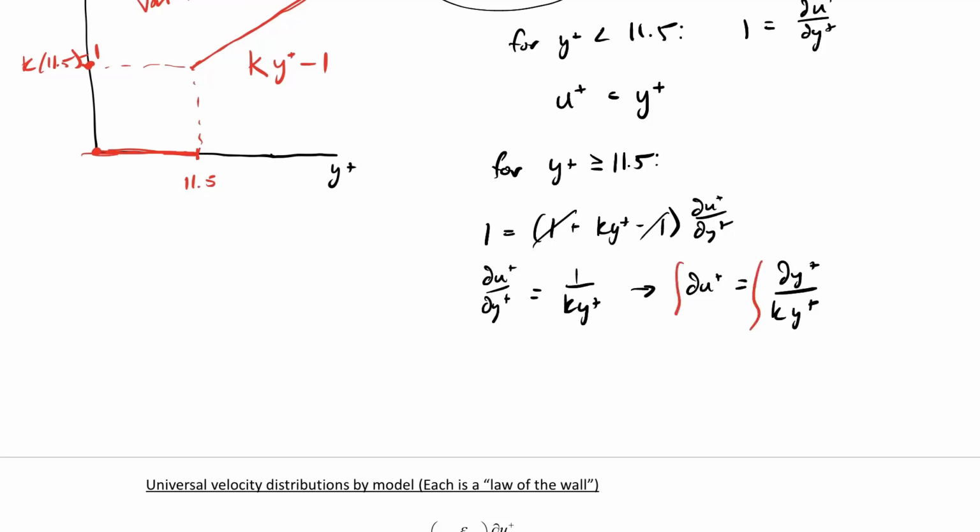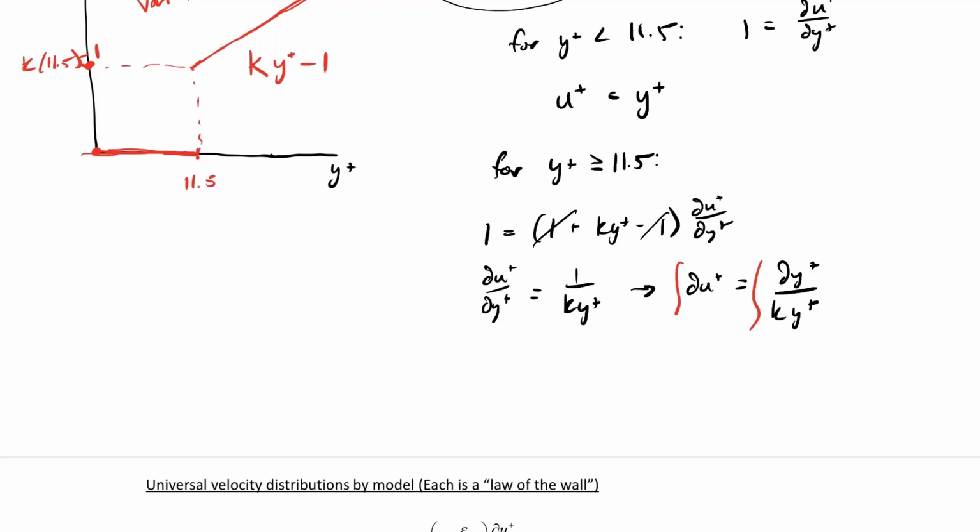We want to do a definite integral. Where is this model going to be valid for u? It has to be between our 11.5 cutoff and as you keep going.